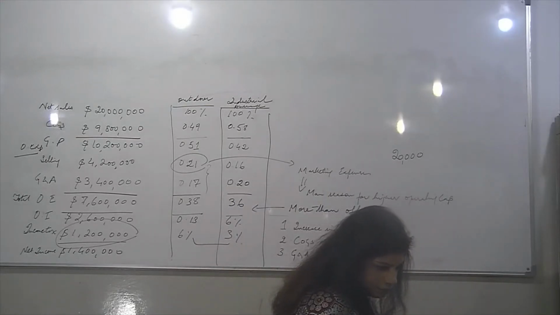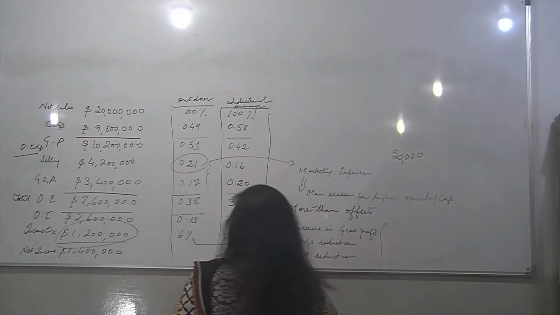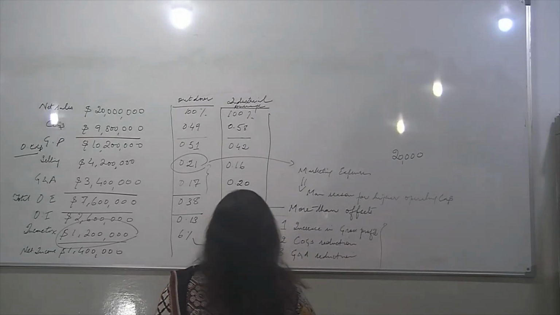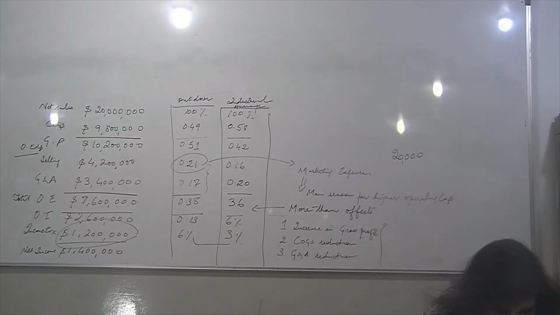And then we have net income. Okay, so we have operating income, income tax expense.